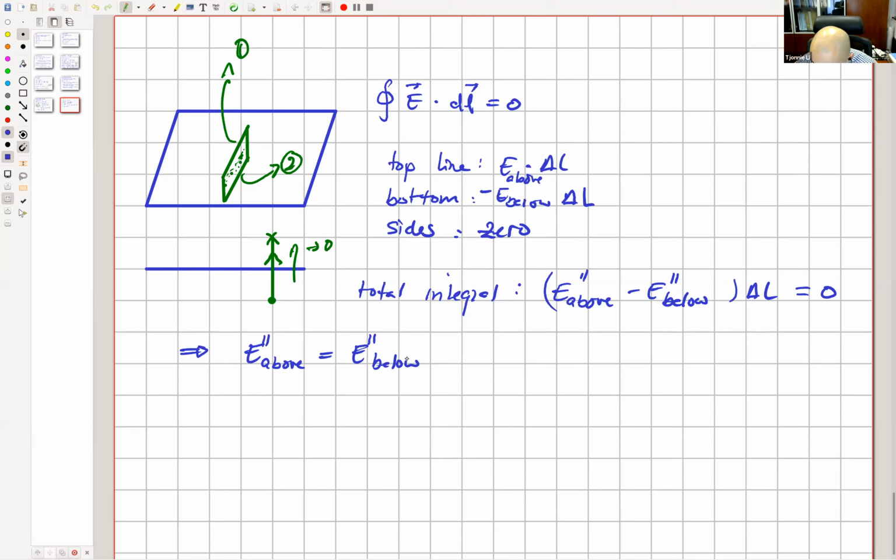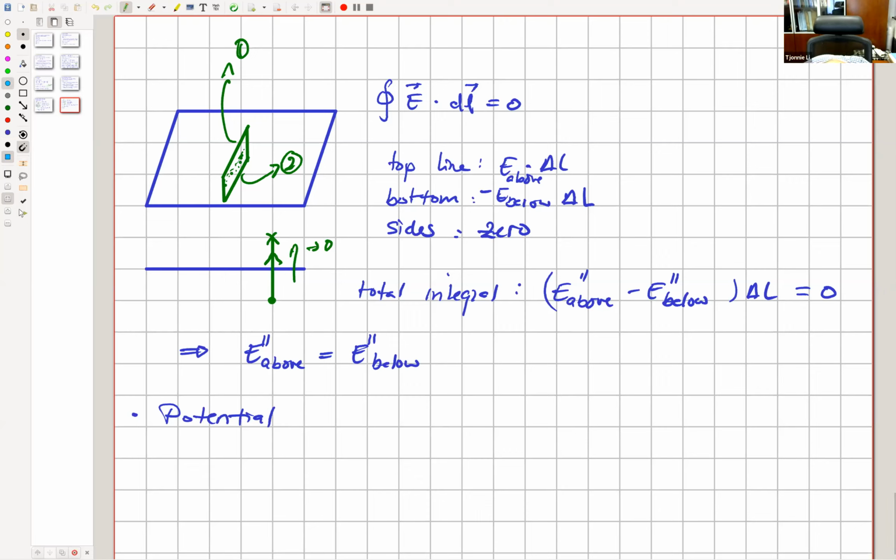In this case, if I want the potential, then I could integrate again only along the side of a loop.